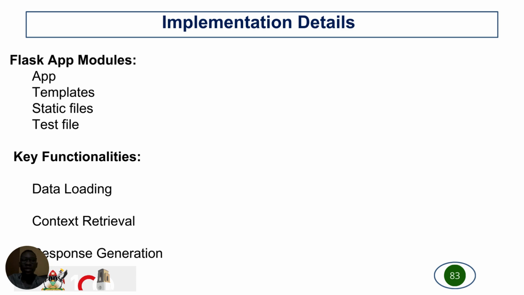The implementation details are, I'm using Flask for my app development, where I have modules: the app, the templates, the static files, and then the test files. The key functionalities include data loading. This includes both the clean dataset and the embeddings.npy. Then there is contextual retrieval.